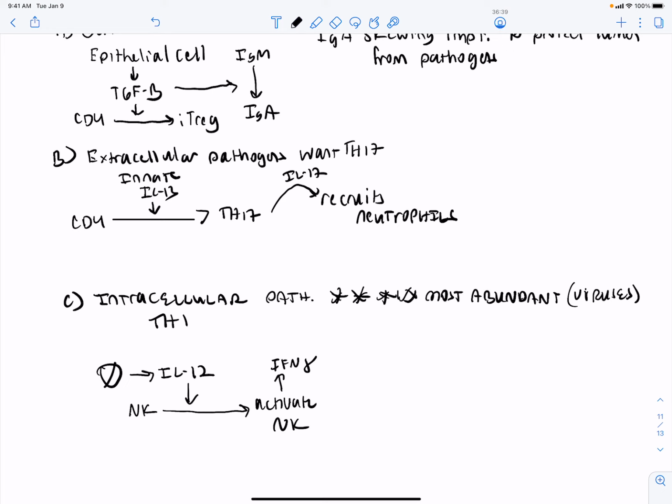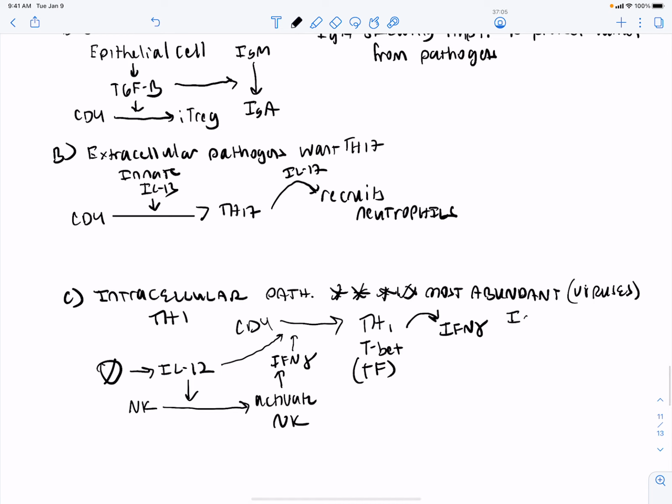And then your interferon gamma and IL-12 will drive a Th1, creates that environment for a Th1. This will express Tbet, which is a transcription factor for your Th1. You're going to release interferon gamma, and this is going to cause your IgM to switch to IgG for your B cells.